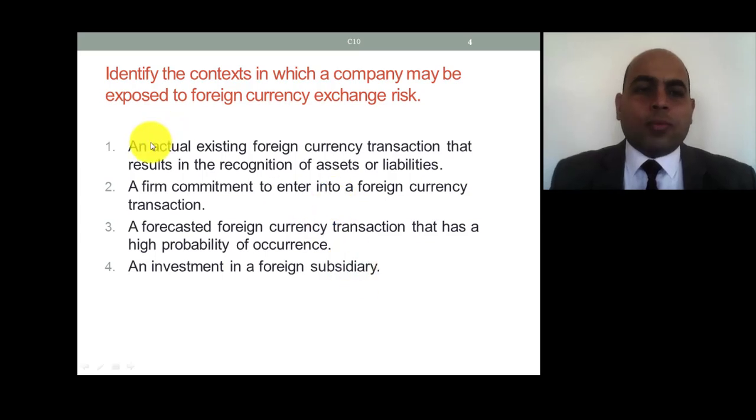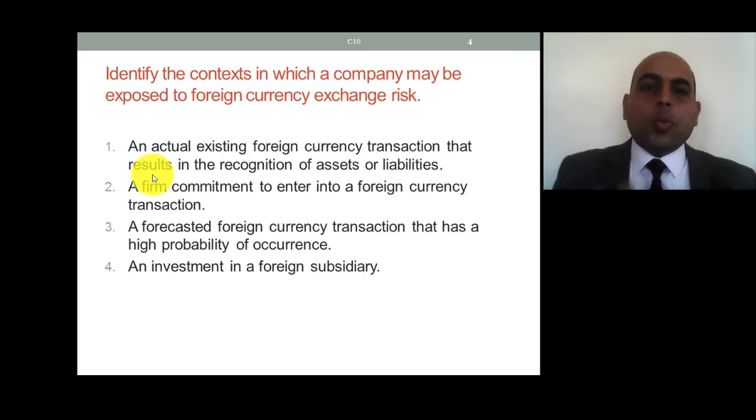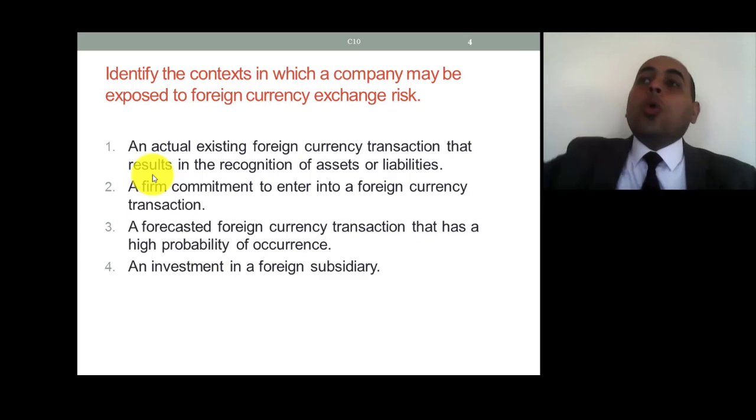The first one, which we have discussed already a minute ago, is an actual existing foreign currency transaction that results in the recognition of assets or liabilities. As we have a foreign currency transaction, we are exposed to exchange rate risk. Also, we may have a firm commitment to enter into a foreign currency transaction, or we forecasted a transaction in the future.